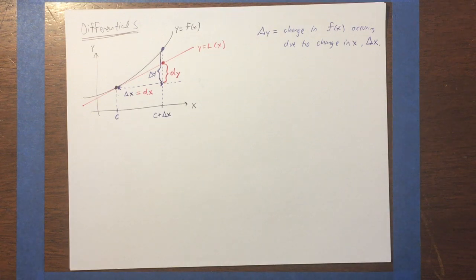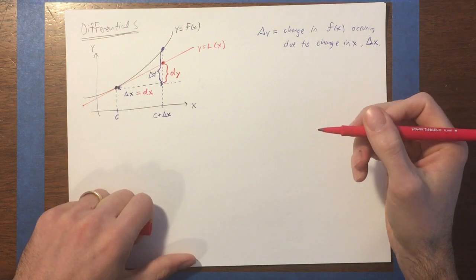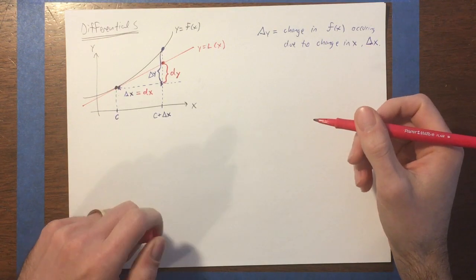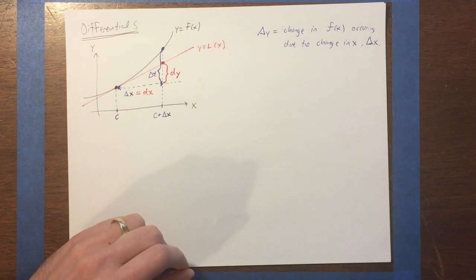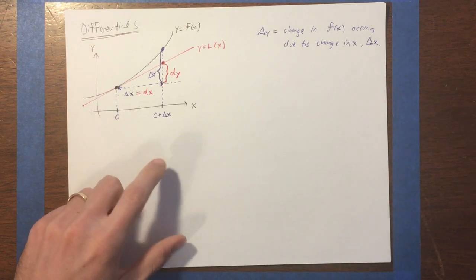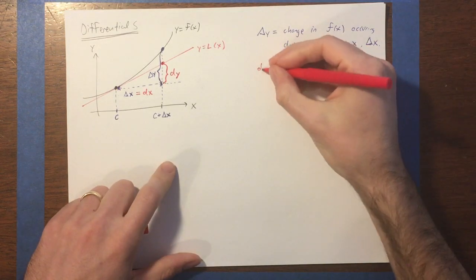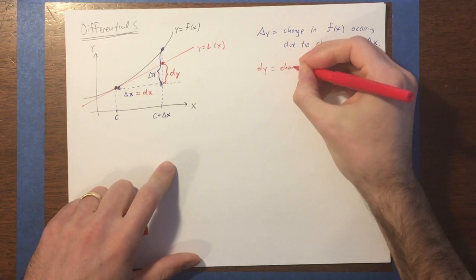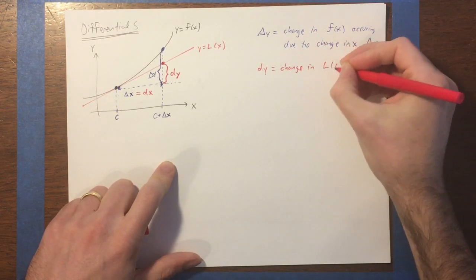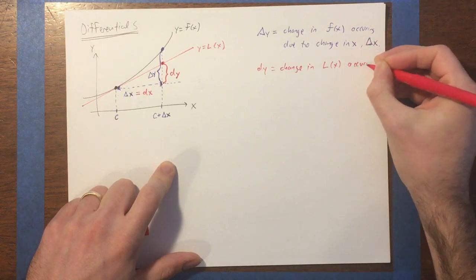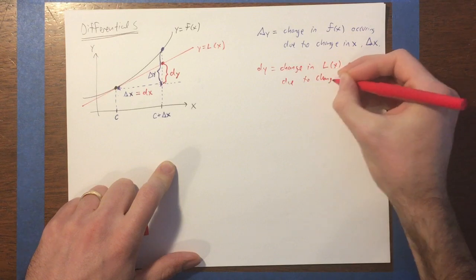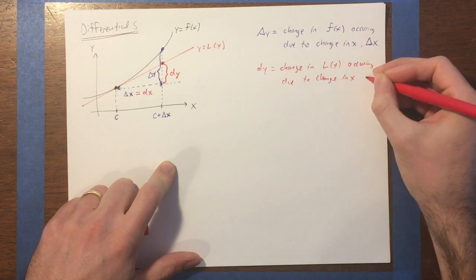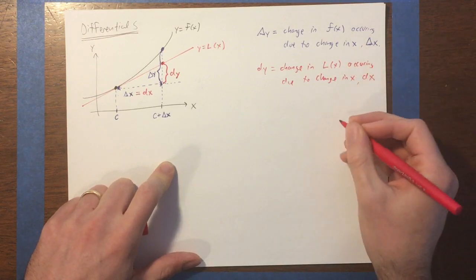Okay, so what we've got here is then, let me think about this for a second. We can say that dy equals the change in L of x occurring due to change in x, which we're going to call dx this time.